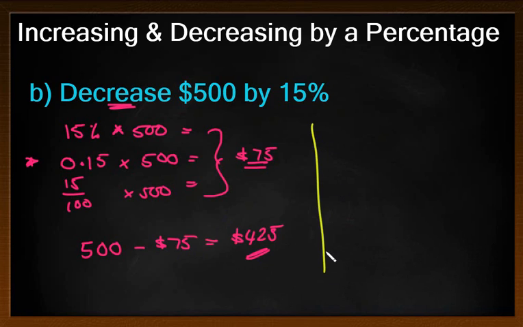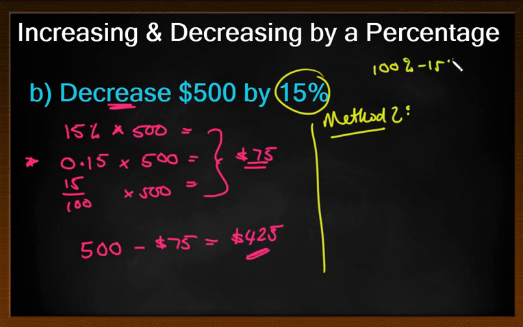Now, of course, if you were doing method 2, the more advanced method, you might subtract the 15% away from the 100% to start off with, which means you would have 85% of the amount left over.